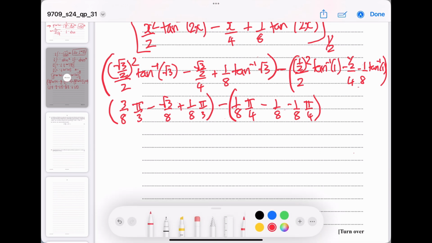So we've got pi over 3 minus root 3 over 8, minus pi over 32.